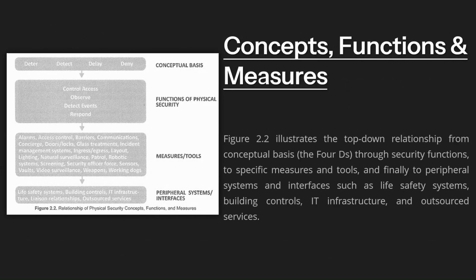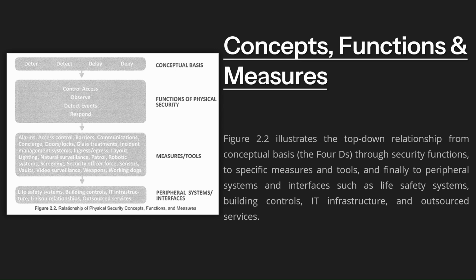In physical security, it is important to understand how concepts, functions, and measures are interconnected. At the top level, we begin with conceptual foundations, such as the 4 Ds. These concepts guide how security thinking is structured. Next come the functions of physical security like access control, detection, and response, which translate these concepts into actionable objectives.